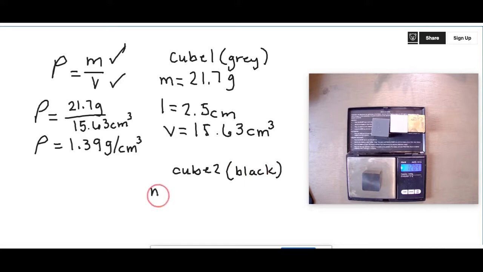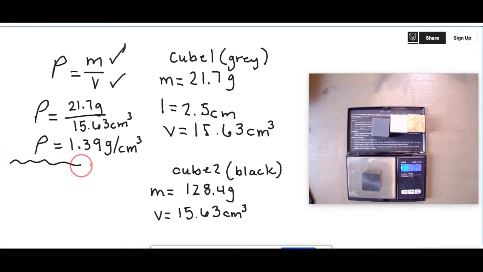Okay, my mass is 128.4 grams. And as you can see here, it is indeed much more massive than the first. My volume, since we know they have exactly the same volume, I will just go ahead and use the volume that we measured for our first cube. Now we're ready to go ahead and calculate the density of this cube as well.